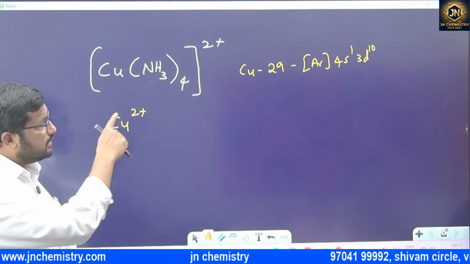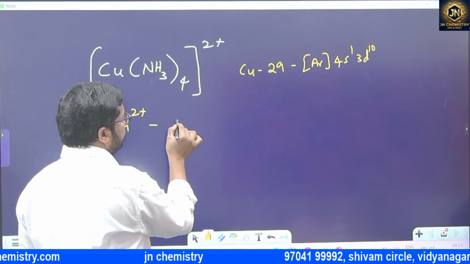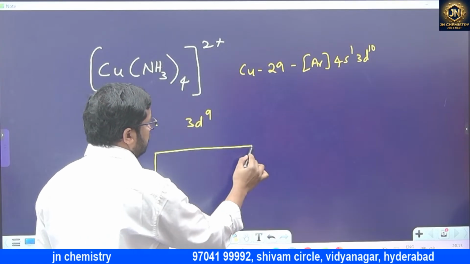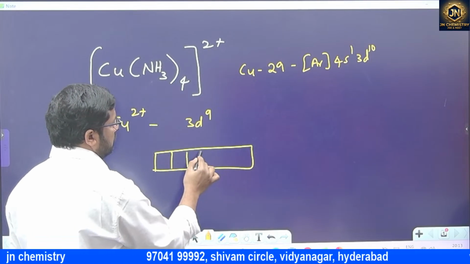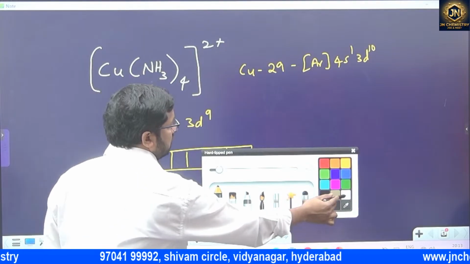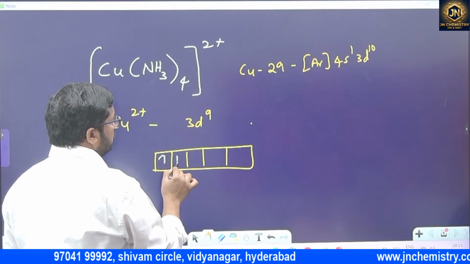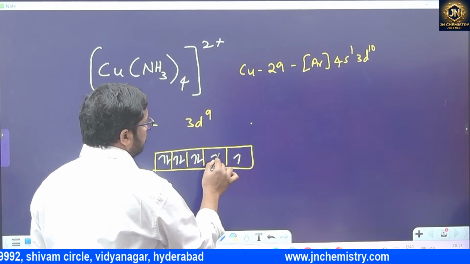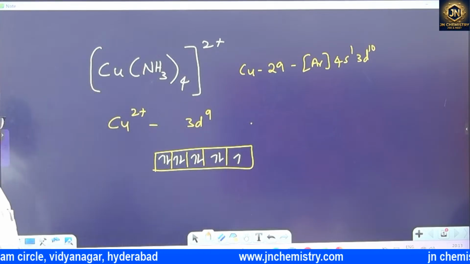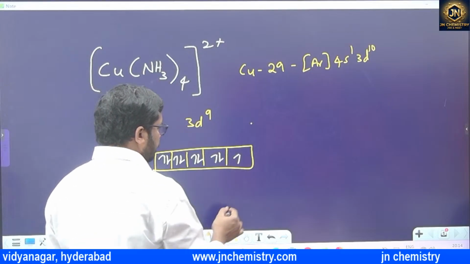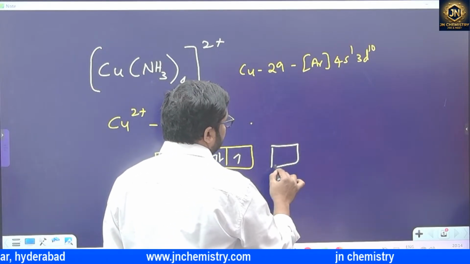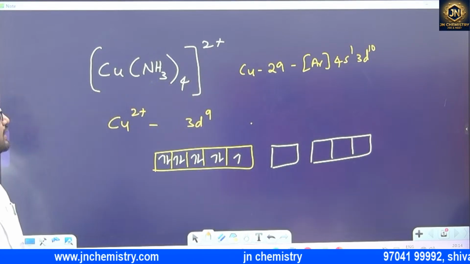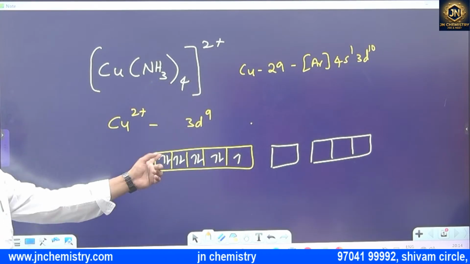Copper 2 plus means 4s0. So 3d9. Right now, 1 2 3 4 5 6 7 8 9. So here, we'll think that pairing is not possible.